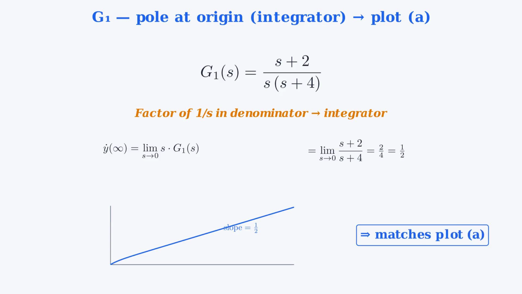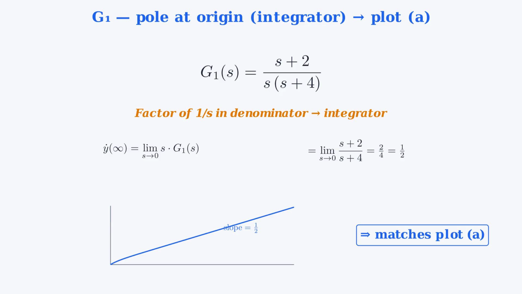We can compute the steady-state slope using the final value theorem on the derivative. As t goes to infinity, the derivative of the step response, y dot of t, equals the limit as s goes to 0 of s squared times Y of s, which equals the limit as s goes to 0 of s times g1 of s.